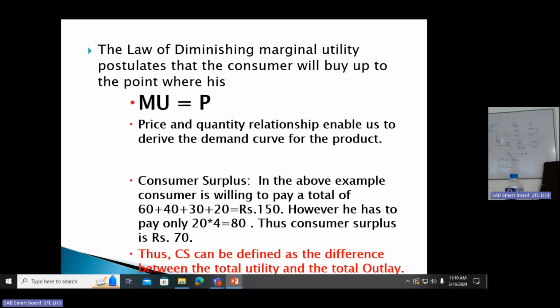When marginal utility equals price, that unit is the equilibrium point. So if it is the equilibrium point, what is the consumer surplus?